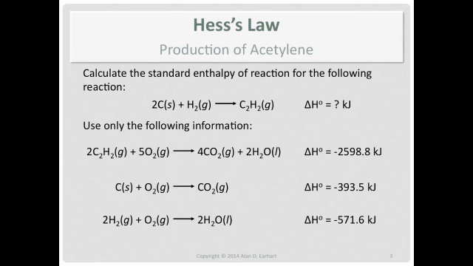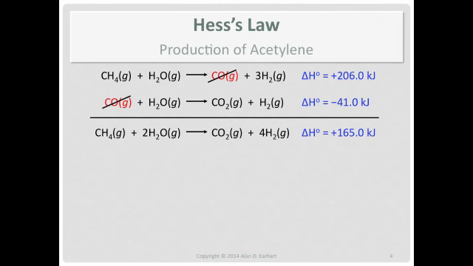You need this information. These are three thermochemical equations you've been given, and we have to find a way to turn them into the desired equation. Now, recall something we did before. We took two equations, the top two, and we added them together to get the overall reaction, which is the bottom one. And when we added them together, the carbon monoxide gas was common on both sides, so we removed it like it's a mathematical variable.